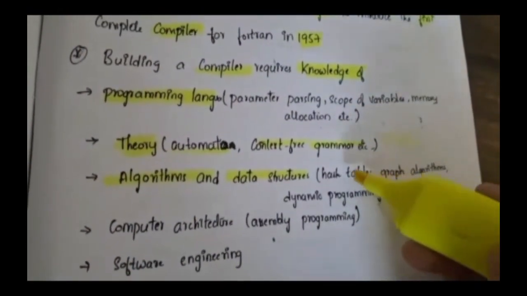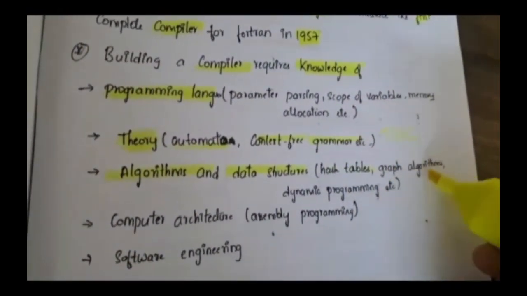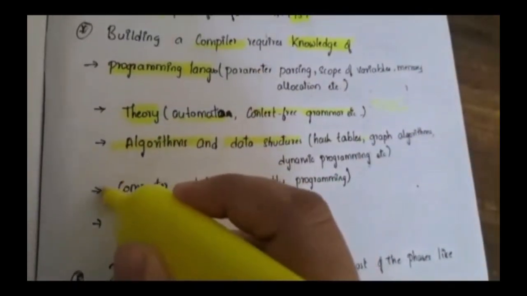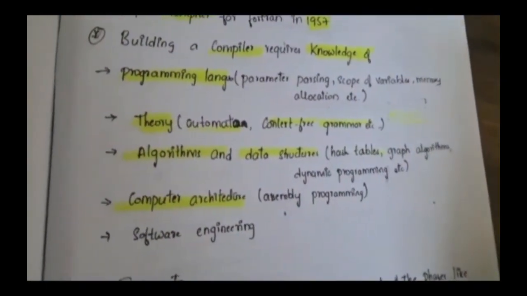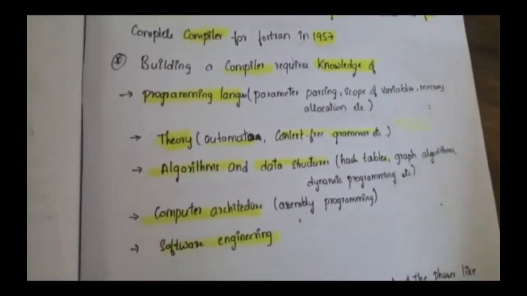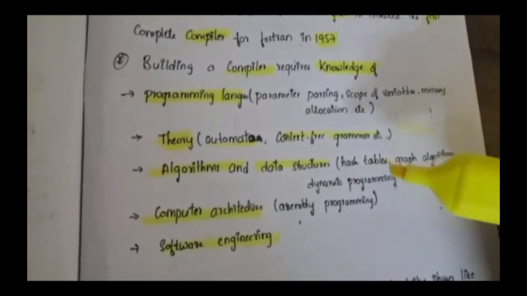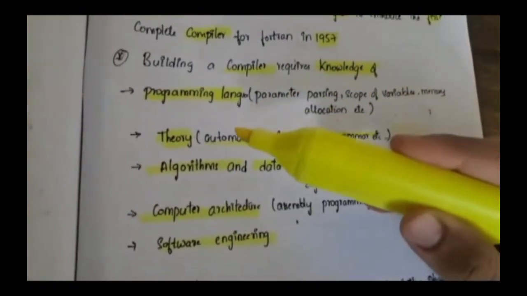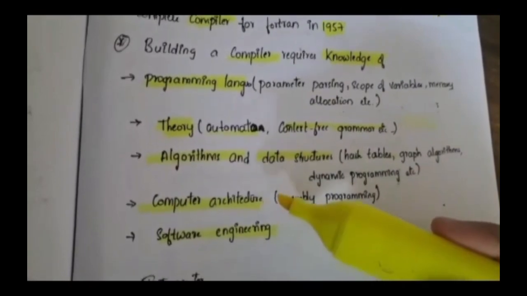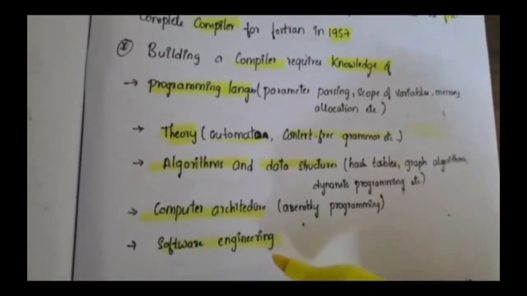In this we have hash tables, graph algorithms, dynamic programming, etc. Then comes computer architecture and then software engineering. So to build a compiler, we require programming language knowledge, theoretical knowledge, algorithms and data structures, computer architecture, and software engineering.